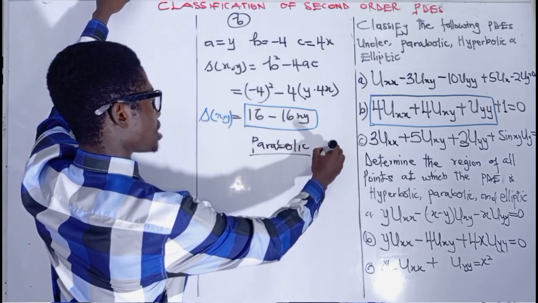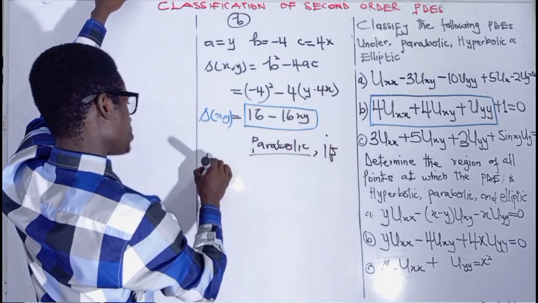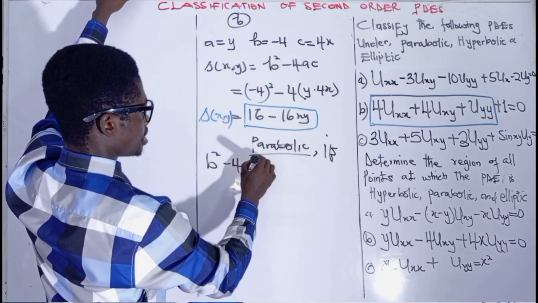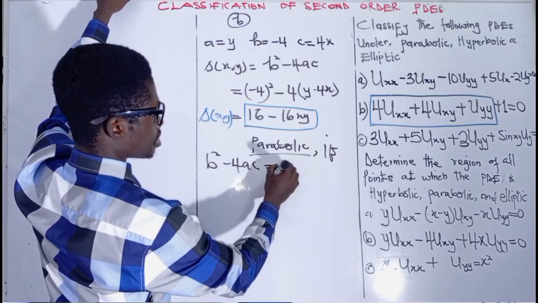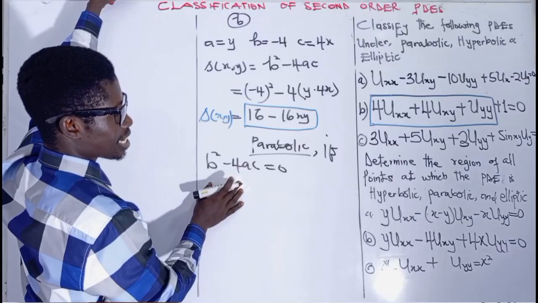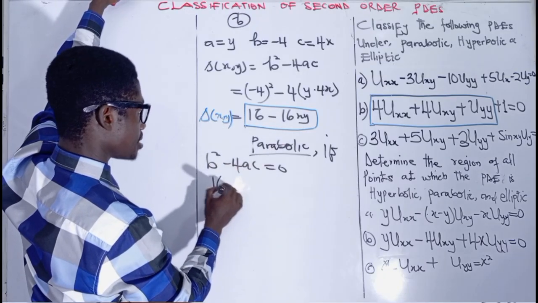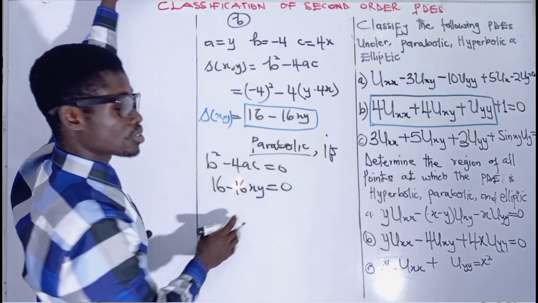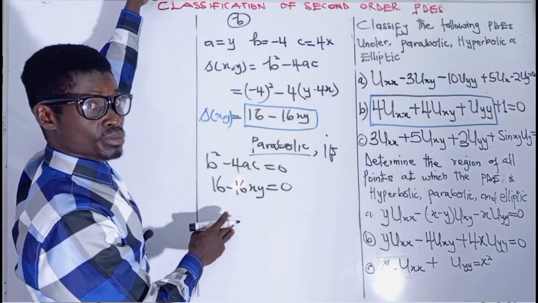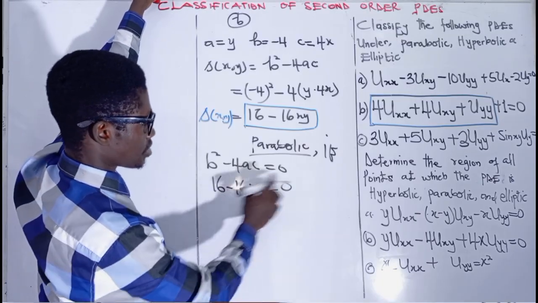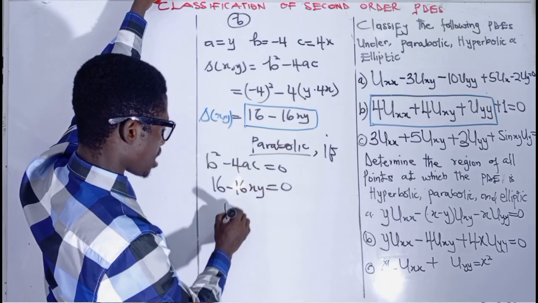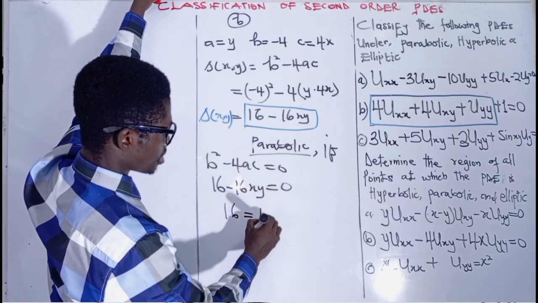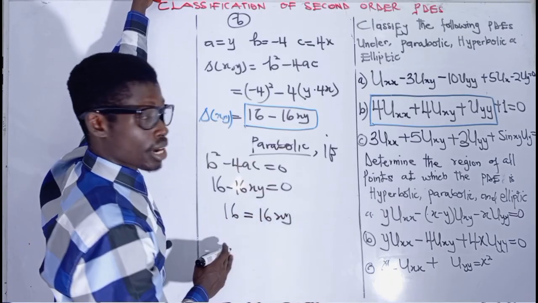So we say that the equation is parabolic if the discriminant b squared minus 4ac is what? Equal to 0. So from here, our discriminant is what? 16 minus 16xy and is equal to 0. So we can send this to the right hand side so that we have 16 is equal to 16xy, right?